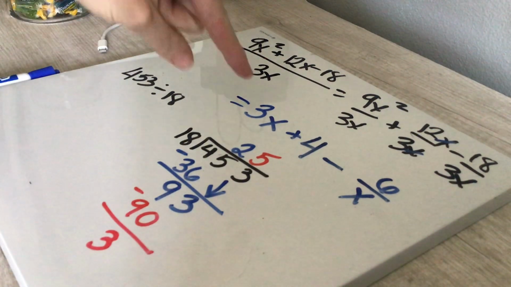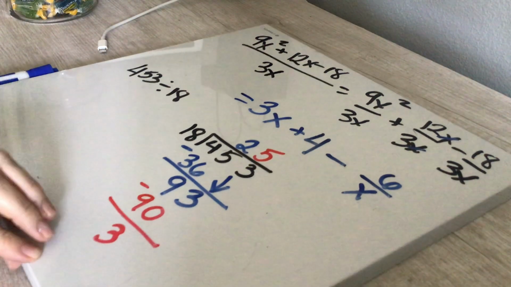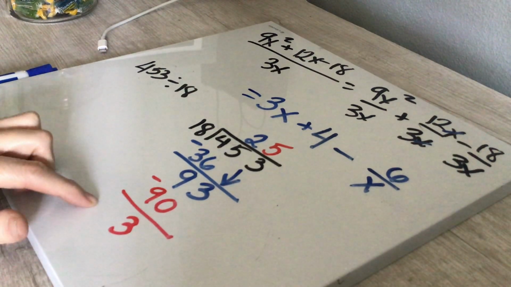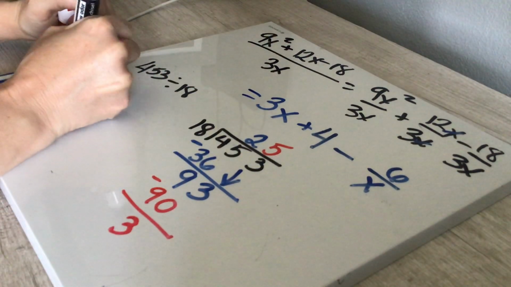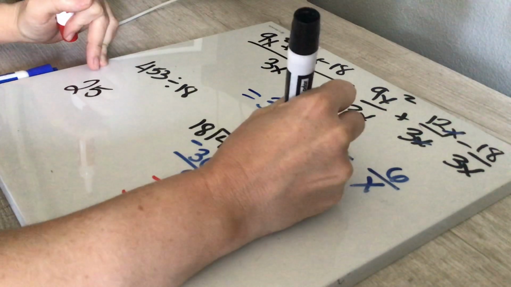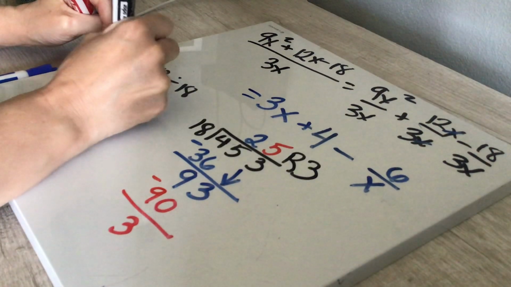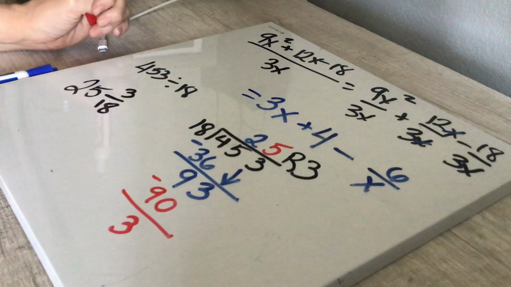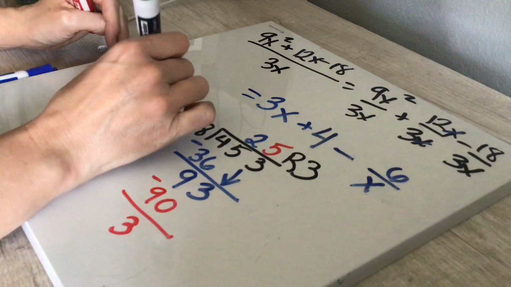Then we did learn we would put the decimal point and put a 0 and keep going. But if I want this as a fraction answer, right, I would say, okay, I now end up with 25. Our remainder was 3. Then you would take that remainder and put it over what you divided by. So you'd get 25 and 3 over 18, and then reduce that fraction.